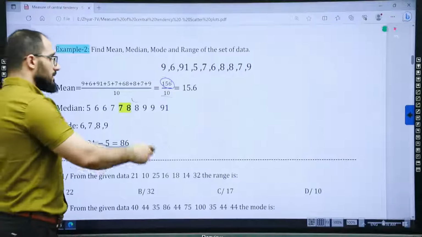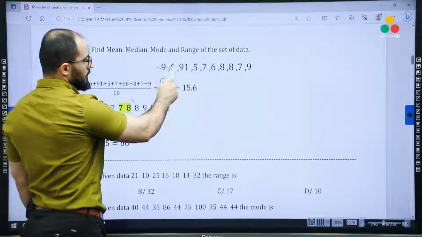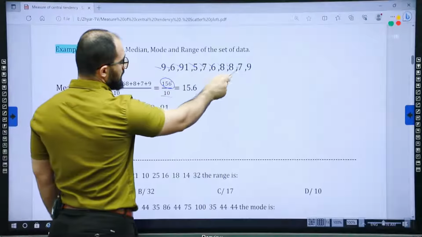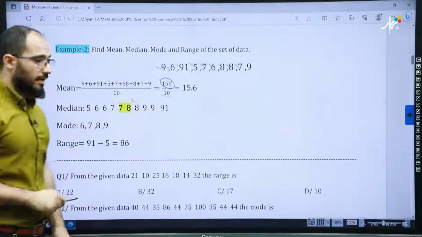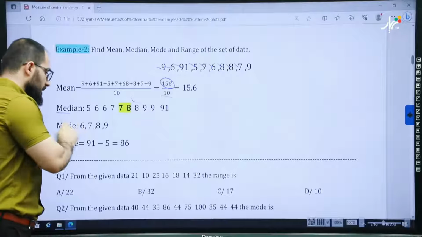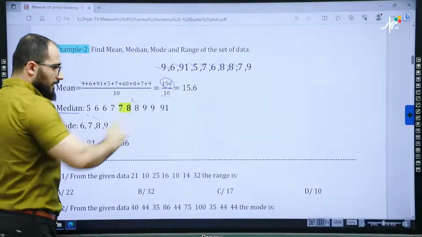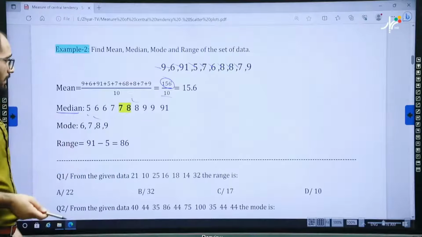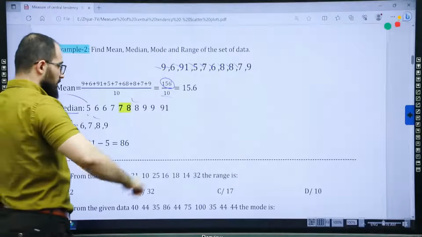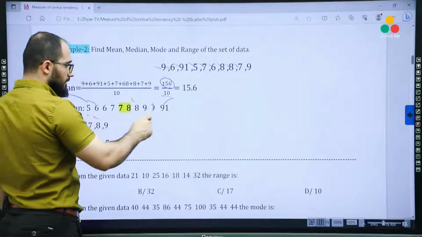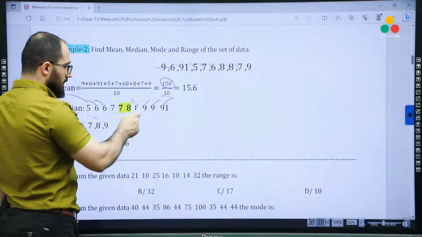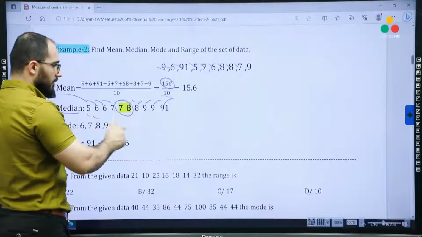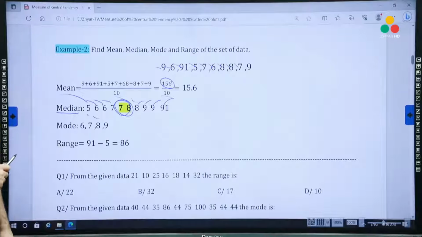Because we have even data, 1, 2, 3, 4, 5, 6, 7, 8, 9, 10, when you want to find the median, you have to order from least to greatest or greatest to least. Then cancel a number from left, right, left, right, until 2 numbers are left in the center.